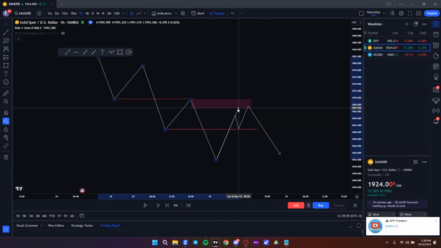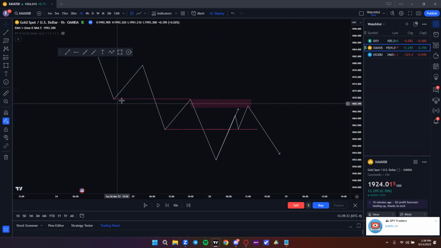So now you have two frameworks. We identify the source break and we can take the trade from the source break. This is one.